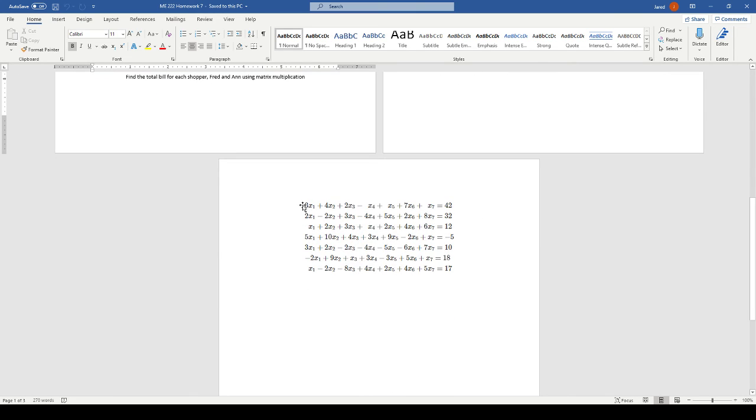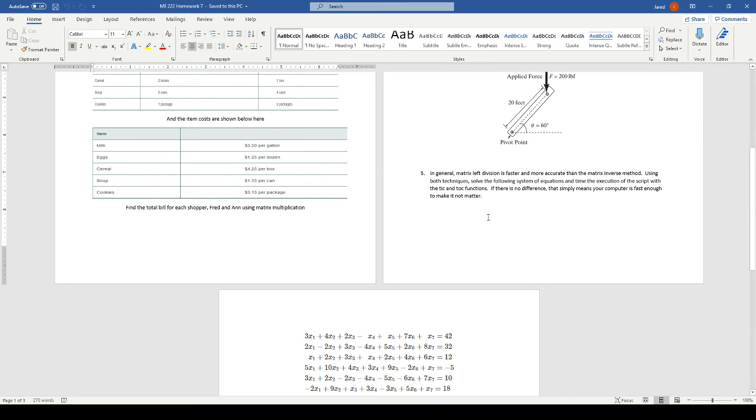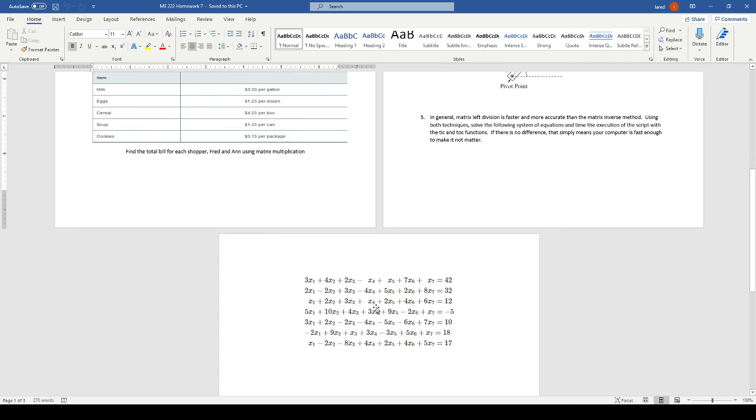So you're going to have to type this system of equations in, and then time your solution. You'll put tick and tock right before and after where this is going to execute, and then you'll do it for the other one as well. And you should get two different time numbers, and those two time numbers will be the comparison of why matrix left division is faster than the other one.